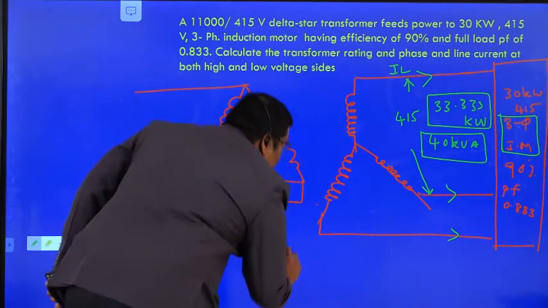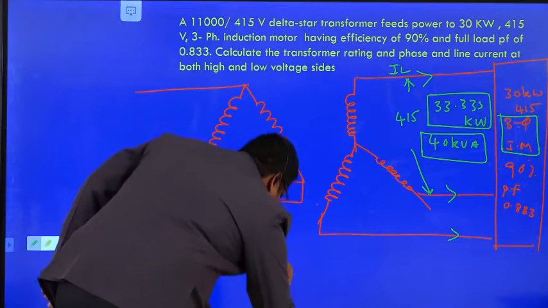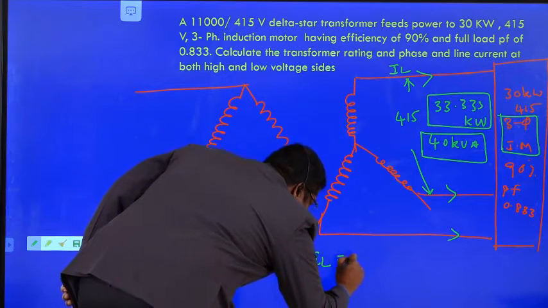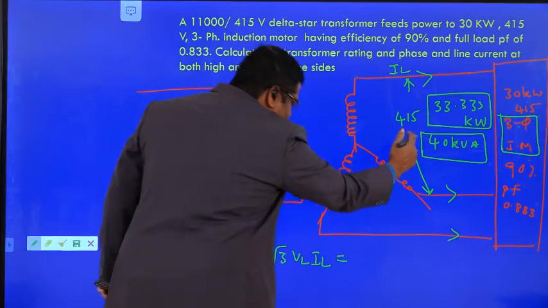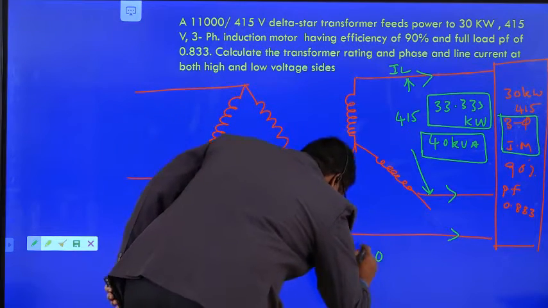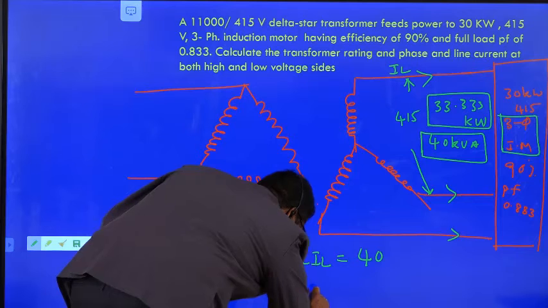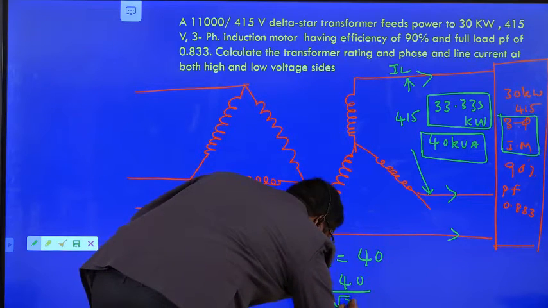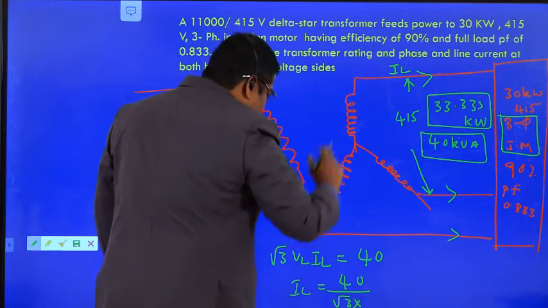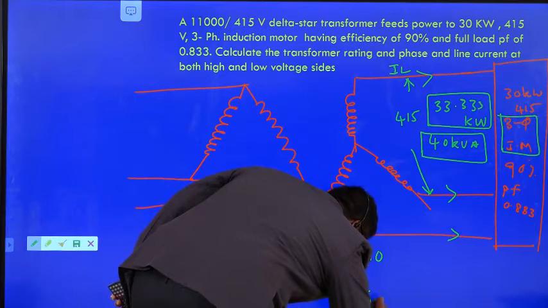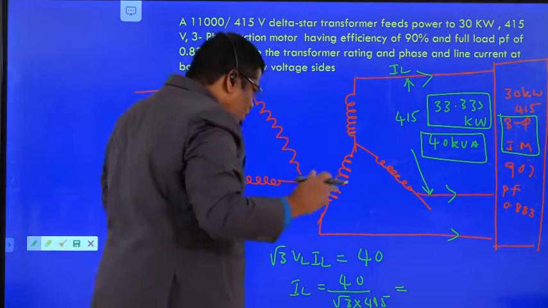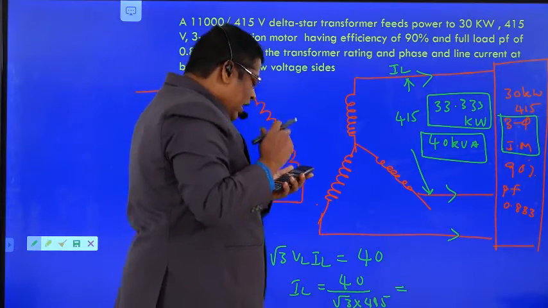Root 3 VL IL equal to 40 kVA. So IL equal to 40 divided by root 3 into 415. You are getting the value in kilo amperes.